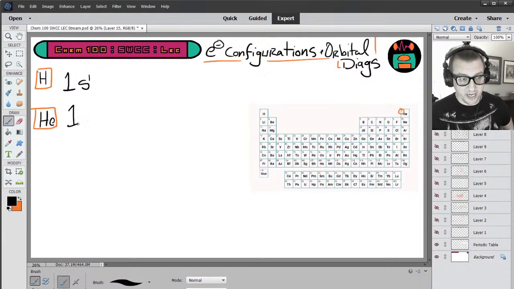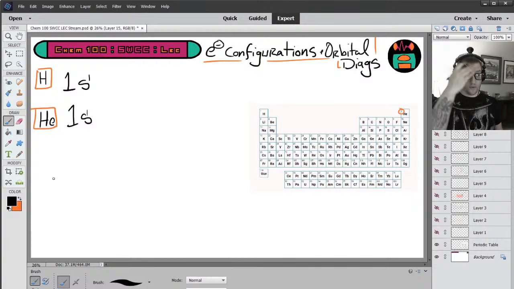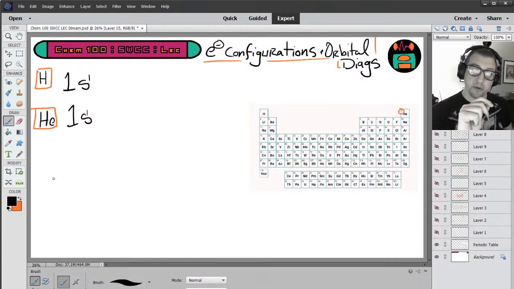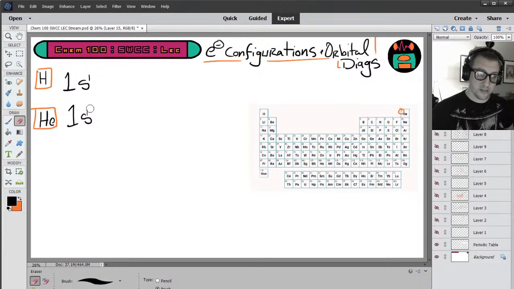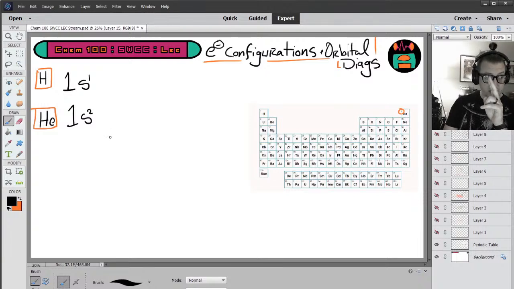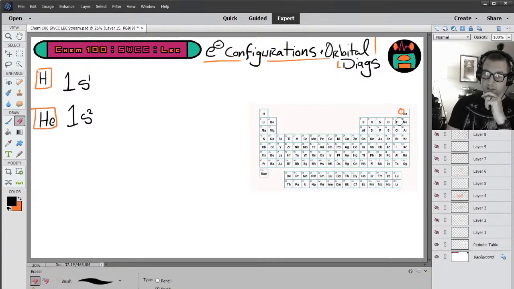It's going to occupy the S subshell on the first shell. Where's the second electron going to go? Well, the Pauli exclusion principle tells us that each orbital can hold a maximum of 2 electrons. So there's still room in that first shell to hold our second electron in helium. So the electron configuration for helium will be 1s2. Again, that superscript of 2 tells us that there are 2 electrons in the S subshell on the first shell.